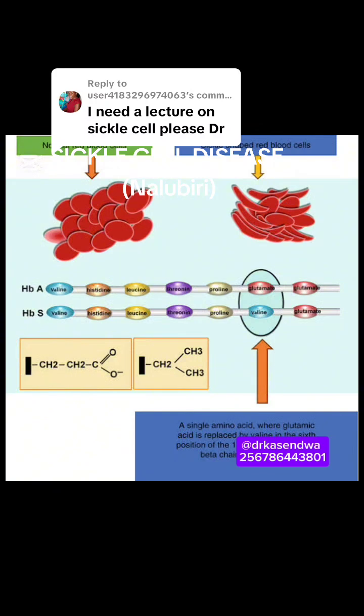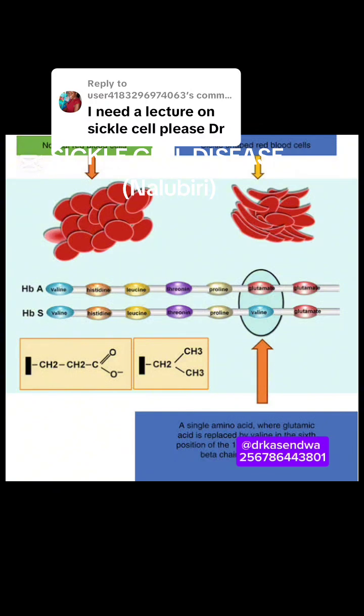Under certain circumstances, especially in hypoxic conditions when there is decreased oxygen tension, this valine will try to invaginate and create hydrophobic pockets to which the HbS aggregate and form polymers.